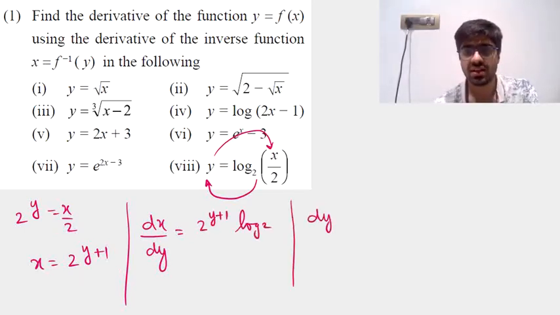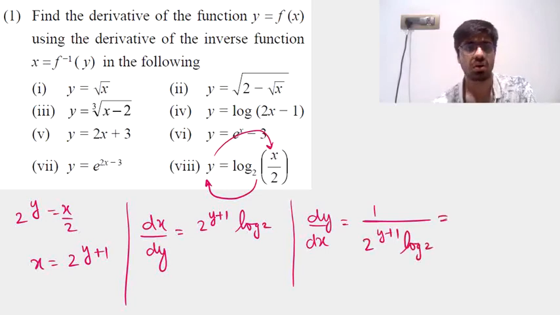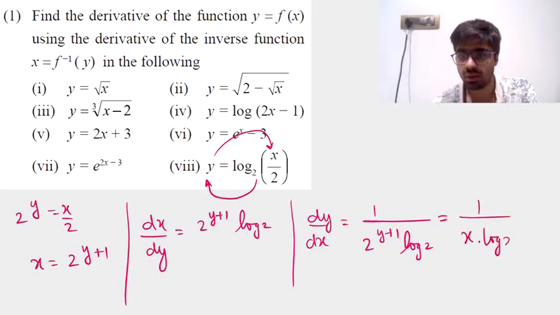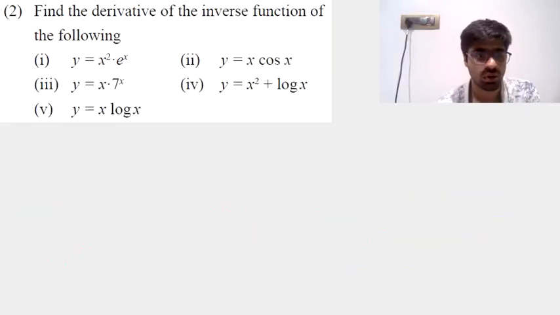So dy by dx will be the reciprocal of this, which is 1 upon 2 power y plus 1 into log 2. 2 power y plus 1 will be x, so this becomes x, and we finally have 1 upon x into log 2 as the final expression of dy by dx for the eighth question.